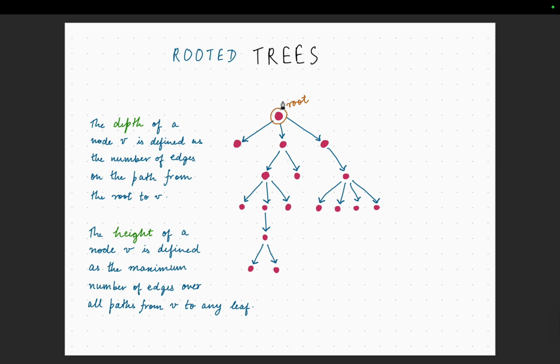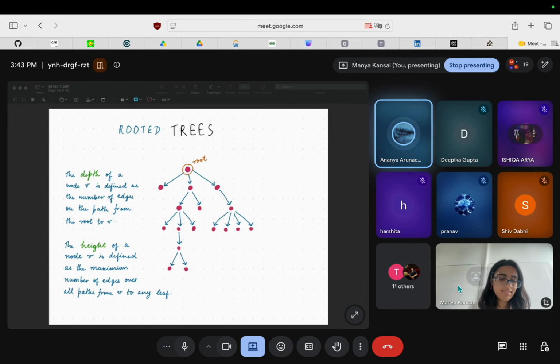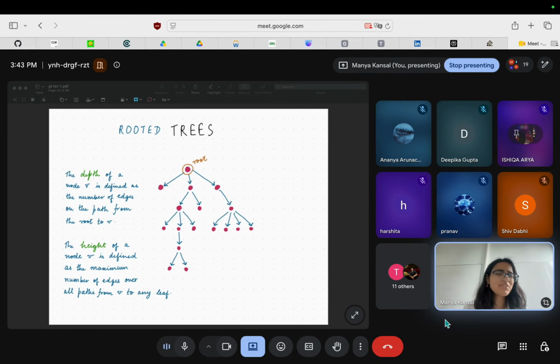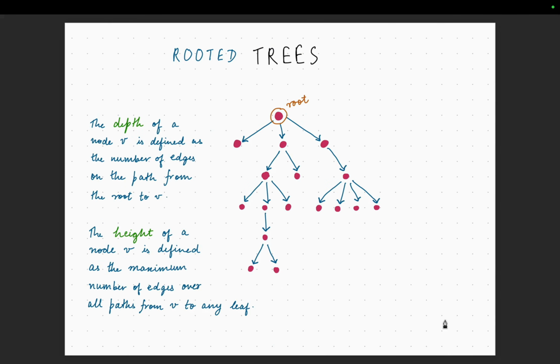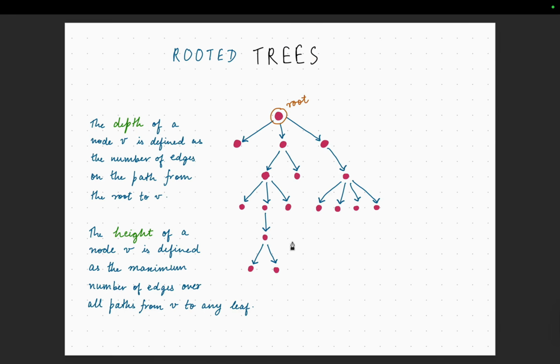A height is kind of similar. Okay, so over there, Ananya asked me a question, which was whether rooted trees have to be directed or if we arbitrarily draw the edges or how it works. So typically, if you are given any graph, you can just take a random vertex and call it the root and then make your edges directed.